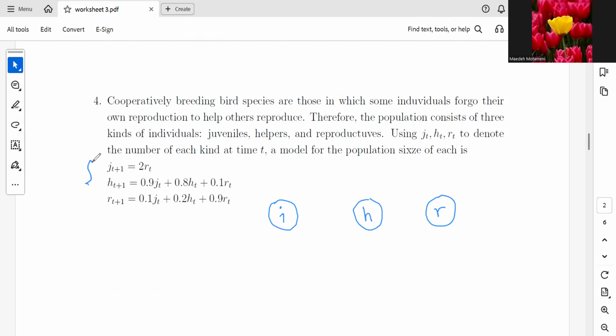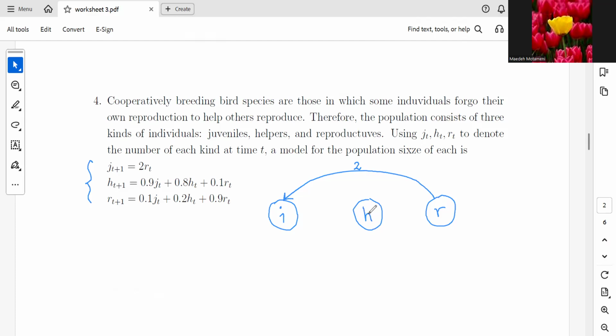According to the equations that we have, we would say that J sub t plus 1 will be 2 times R sub t. So J sub t plus 1 is going to be made like this from R sub t and with a value 2.